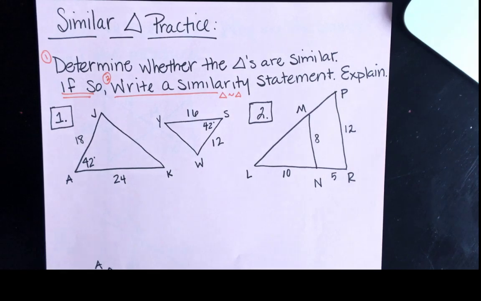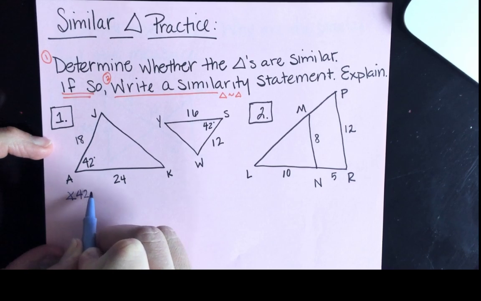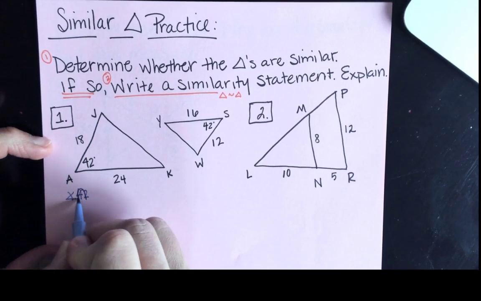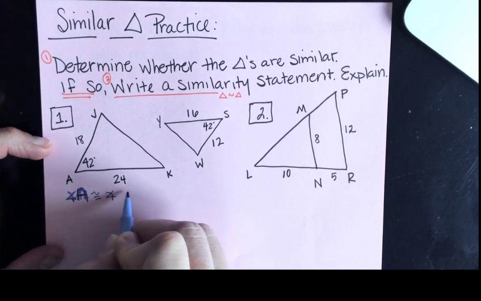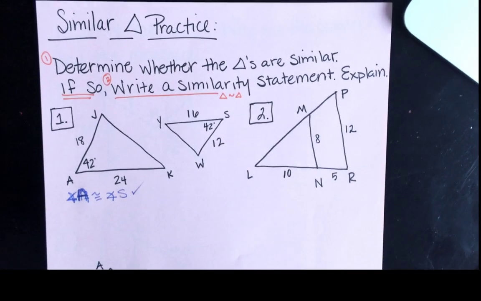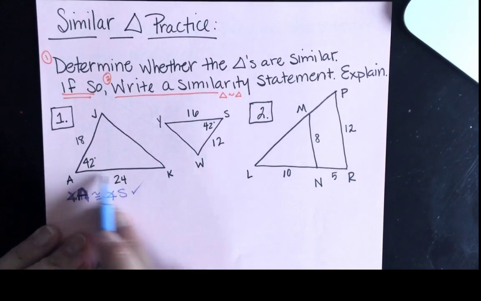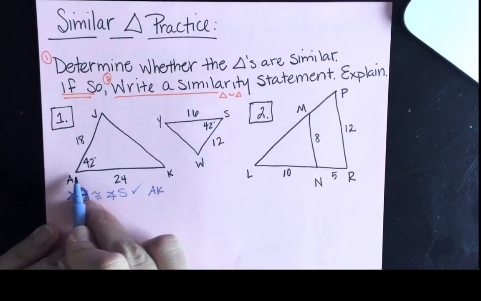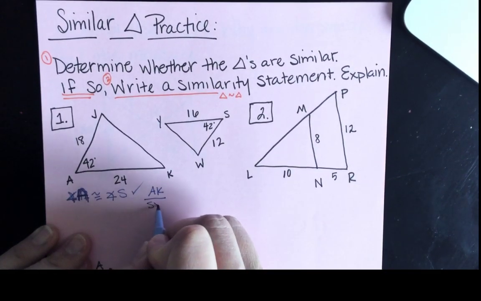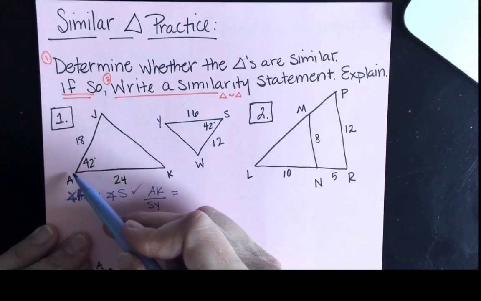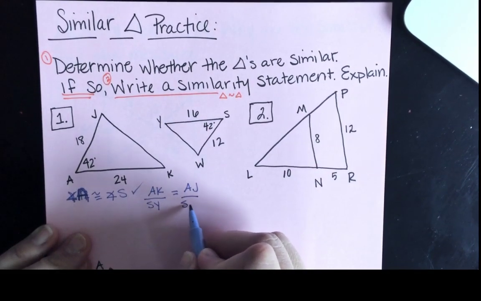Yep, I agree, ladies. It is side, angle, side. That's the one we at least think it's going to be. So I can tell right away that, I should have put angle A, I don't know why I wrote 42, that angle A is congruent to angle S, so that works. And what I then need to check is my proportionality. So AK is the longer of the two sides, that's going to match with SY. And AJ is our shorter of the two sides, and that's going to match with SW.